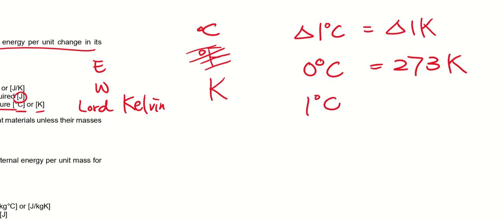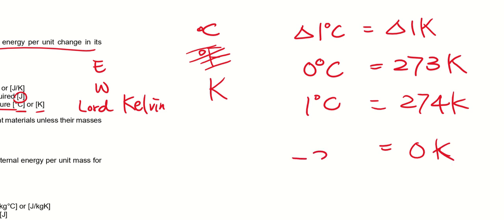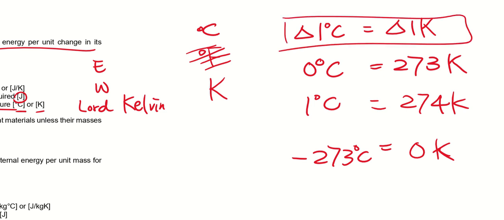So 1 degree will be 274. We do not need to know this. We only need to know that a change of 1 degree is equal to a change of 1 Kelvin. We only need to know that it is linearly related.